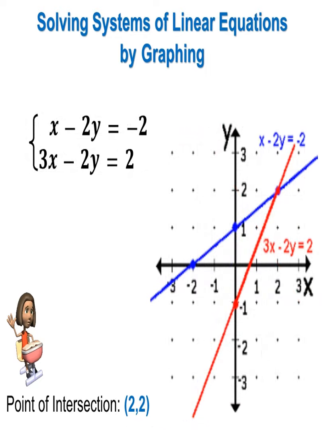Similarly, we have taken another pair of equations, x minus 2y equal to minus 2 and 3x minus 2y equal to 2. After plotting the graph, we are getting the point of intersection as (2, 2). All students are requested to verify whether the point of intersection is always a solution for the given pair of linear equations or not. Do it yourself. Try at home. Best of luck for the rest of the examples.